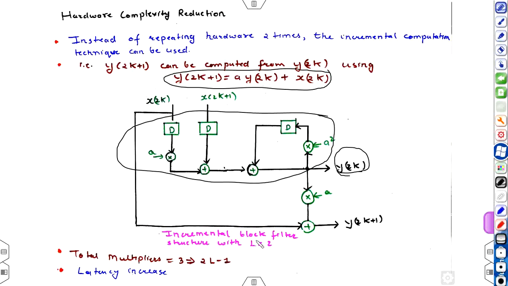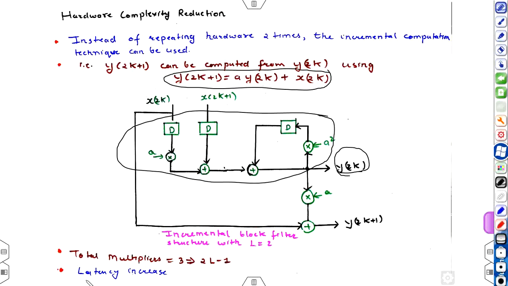So this is the incremental block filter structure with L equal to 2. Now in this case, the total number of multipliers used is 1, 2 and 3, and 3 is basically 2L minus 1. 2 into 2 is 4, minus 1, that is 3. So by using the incremental computation technique, one multiplication operation is reduced.